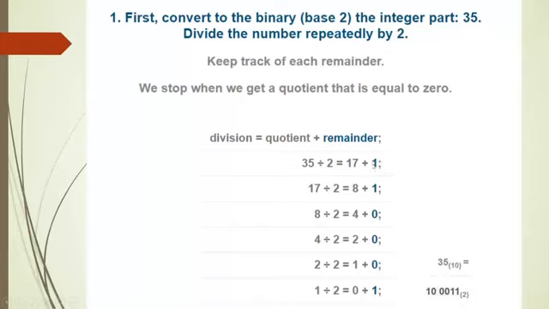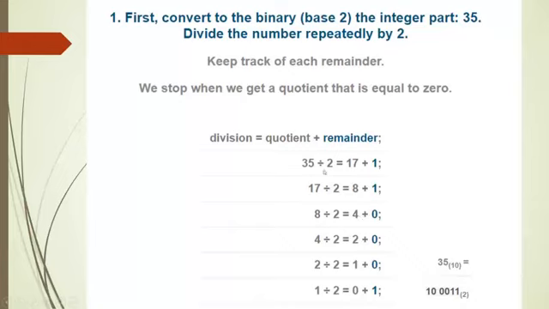The remainder expected here is 1, because 35 divided by 2 is 17 plus the remainder. You take the quotient again, 17 divided by 2, and write the new quotient and the remainder. The new quotient divided by 2 gives the third quotient, and then the remainder.